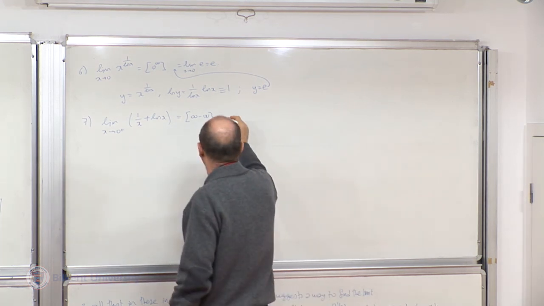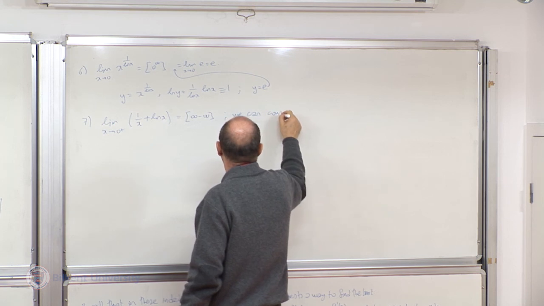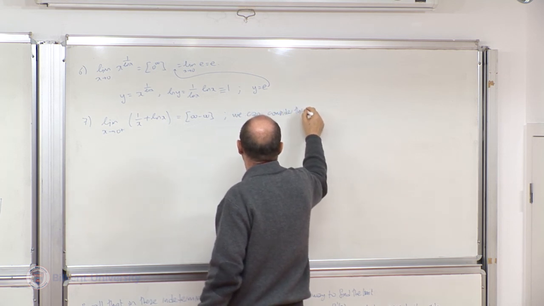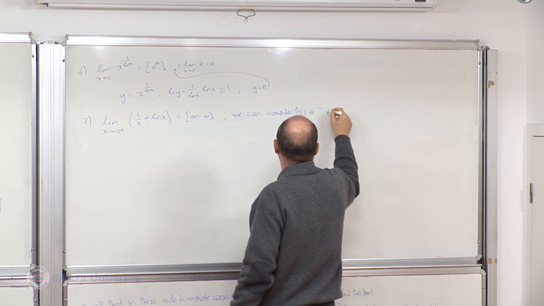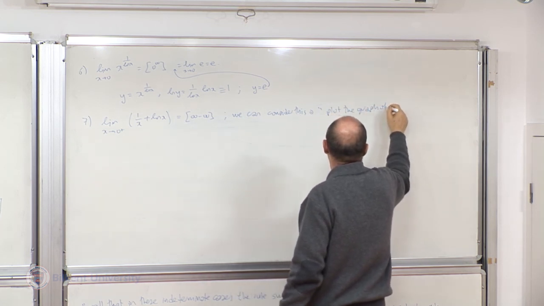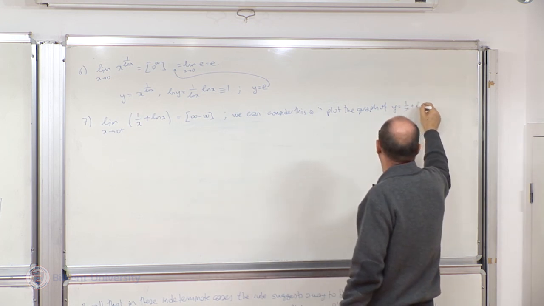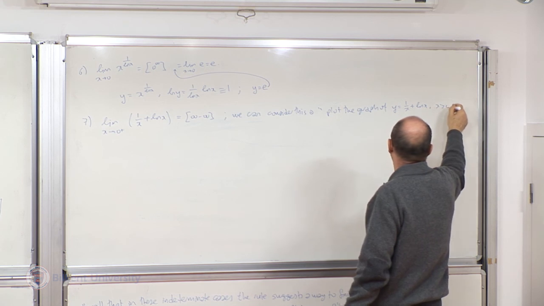Okay. So we can consider this as plotting the graph of y equals 1 over x plus ln x when x is positive.